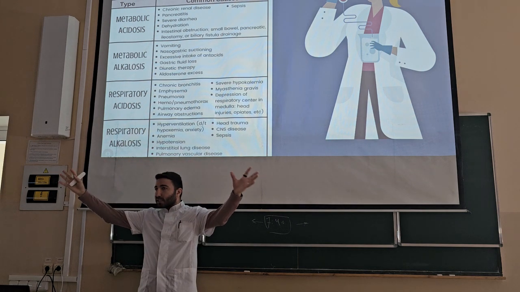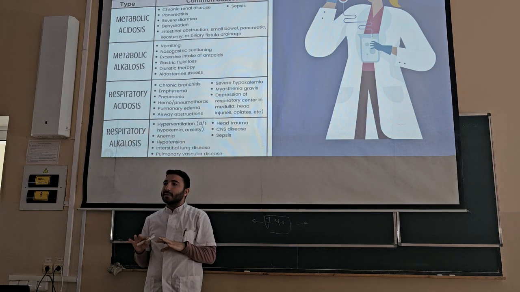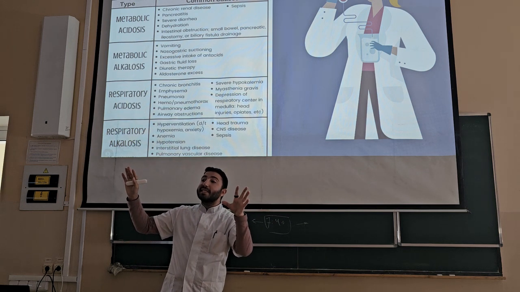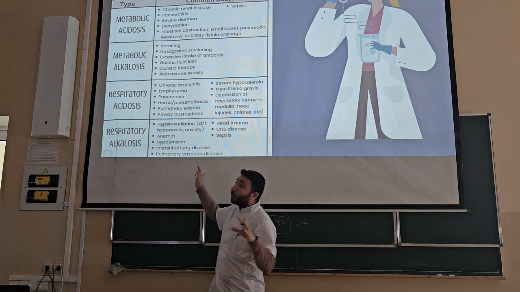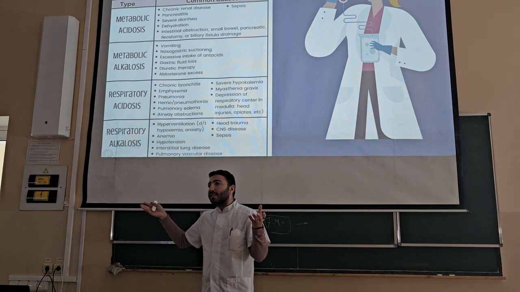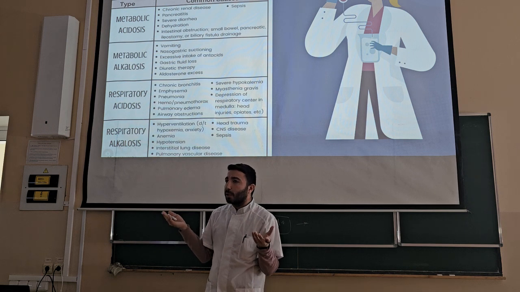We said there are two classifications, acidosis and alkalosis, and we spoke about the base classification. Right now, we will speak about the causes: what makes metabolic acidosis, and what makes metabolic alkalosis.